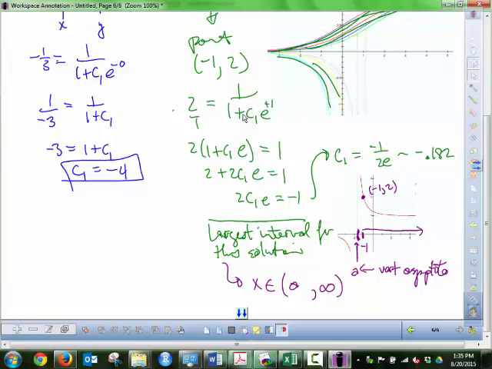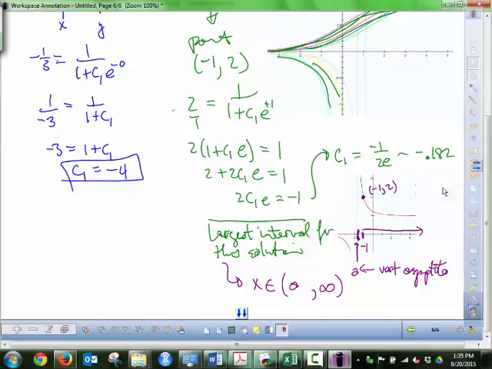Okay? Any questions? So when you're looking for the discontinuity for the denominator, you're going to have two unknowns. Well, your C1 is here.